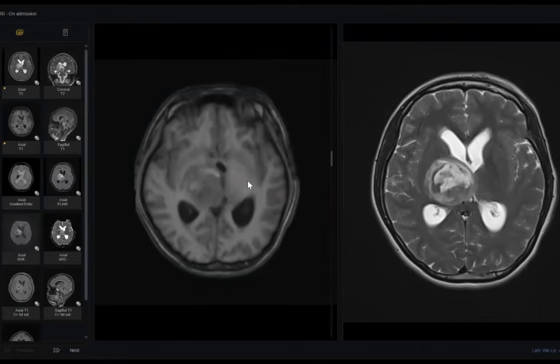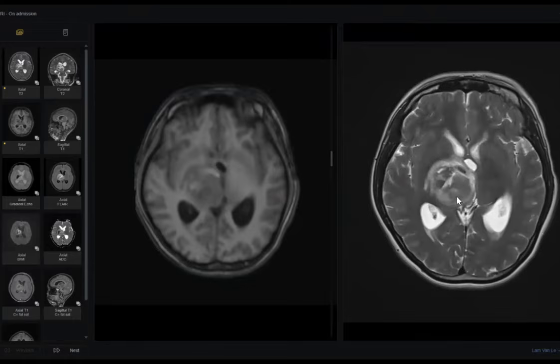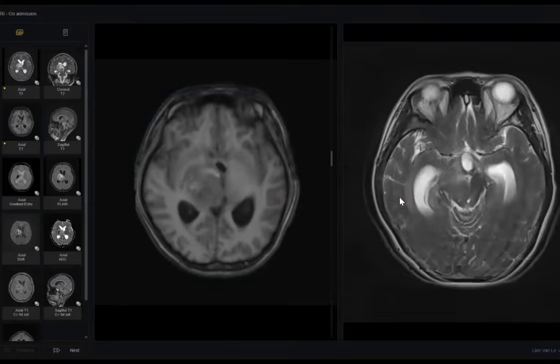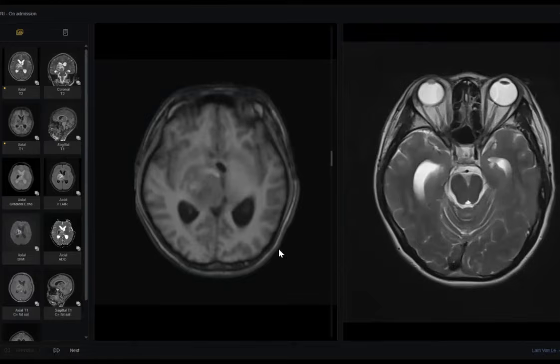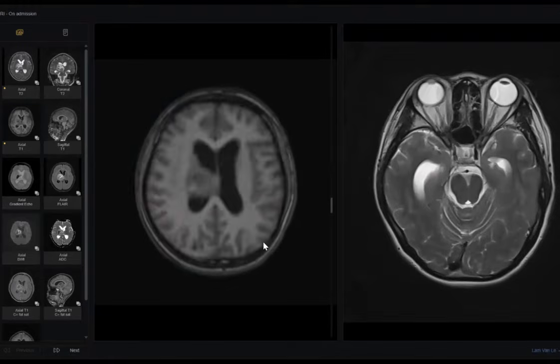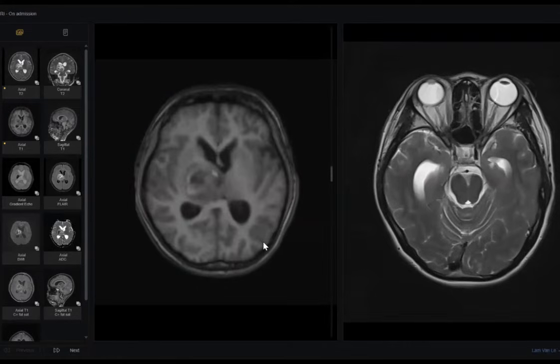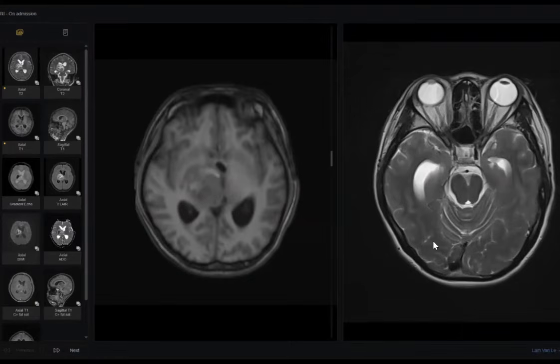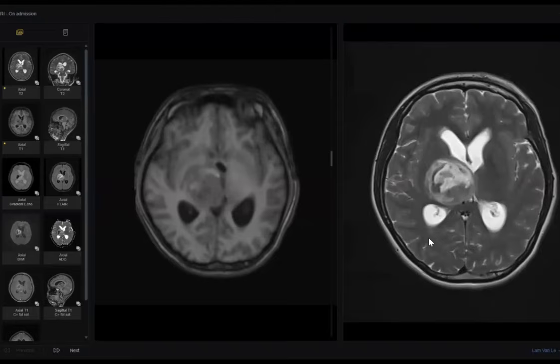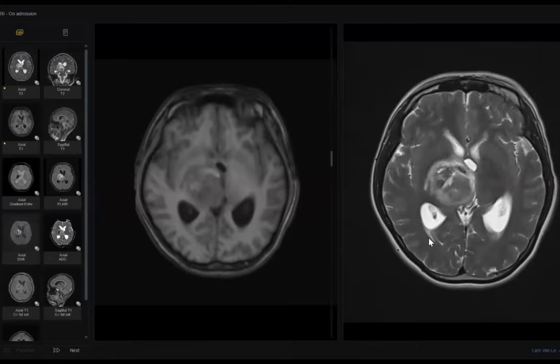Okay, yes, thank you. My colleagues, this case will show us the importance of the basics of MRI. Don't move, please. I will give you the slice which contains the answers. In T1, normally, is the white matter high or low?